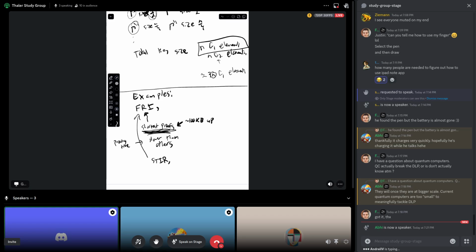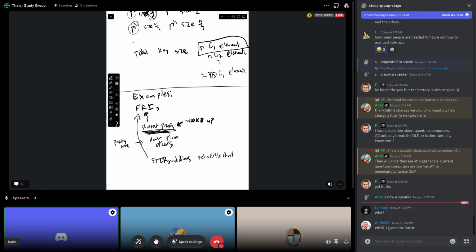Those have even shorter proofs, but concretely they're in the same ballpark. It's not a huge improvement. So let's just say STIR and other very recent improvements get a little shorter than 100 kilobytes, depending on security level and things like that.